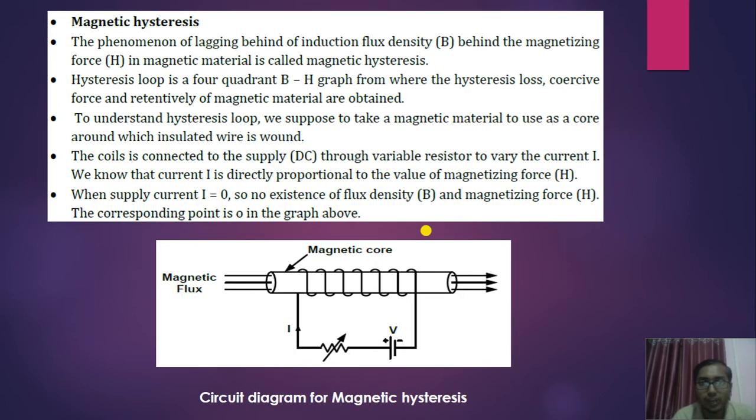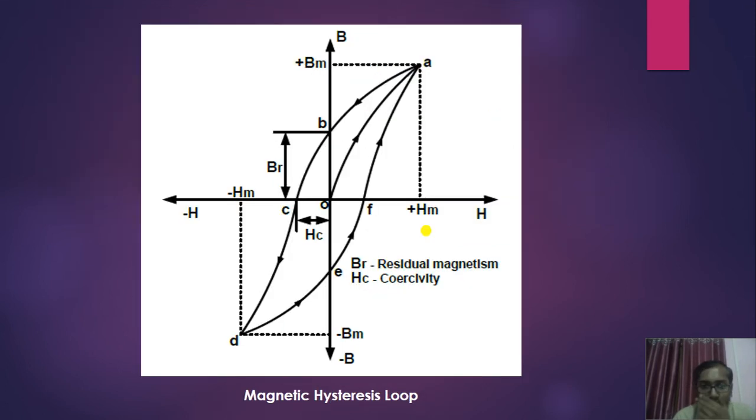Now we have magnetic hysteresis. The phenomenon of the induction flux density lagging behind the magnetizing force H in magnetic materials is called magnetic hysteresis. You can see here the magnetic hysteresis. When we increase the magnetization force from 0 to the positive side, the magnetic flux density increases as we have seen in the BH curve.